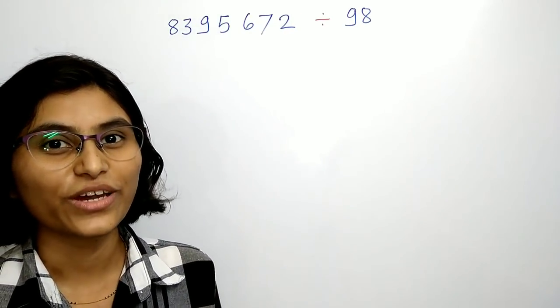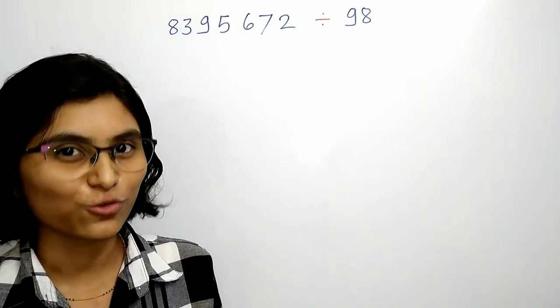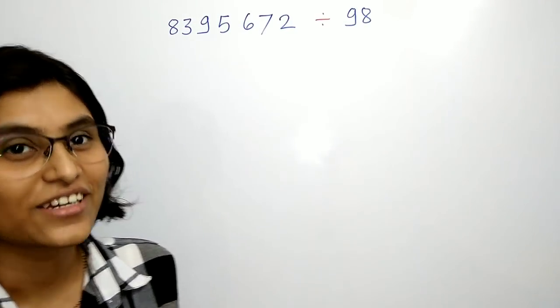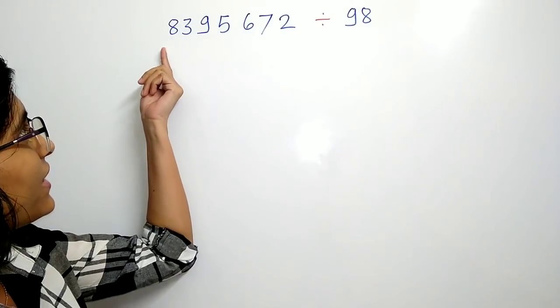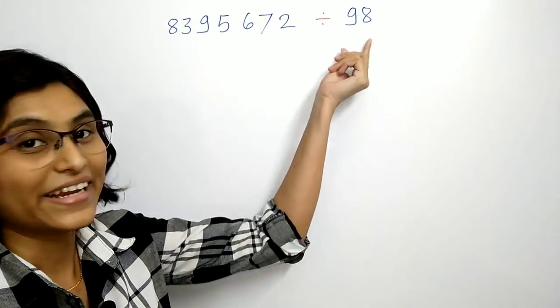In this video, we are going to see how to divide any number by a two-digit number. So let's start. Here we have the number 8395672 divided by 98.